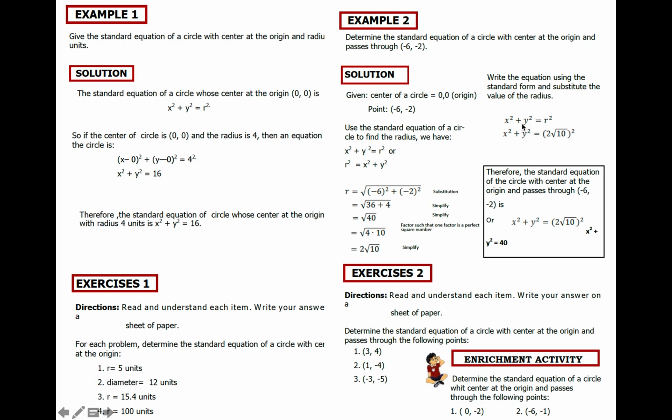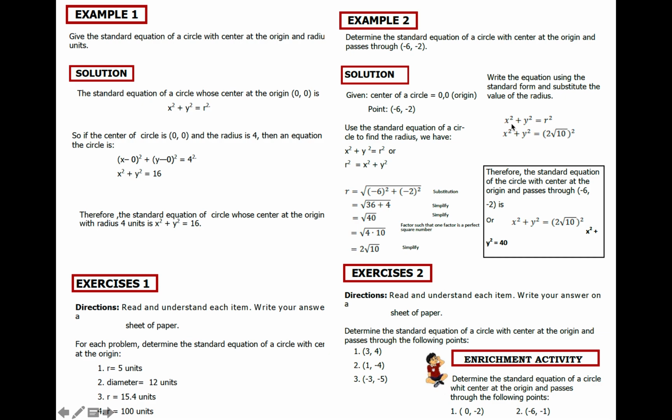Determine the standard equation of a circle with center at the origin that passes through (-6, -2). What does it mean when you say the circle passes through the point (-6, -2)? In our standard equation, we have x squared plus y squared equals r squared, right?